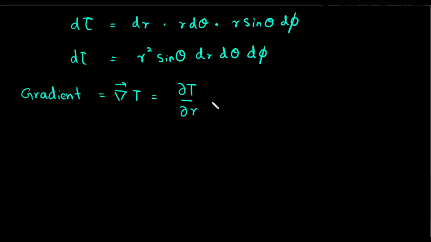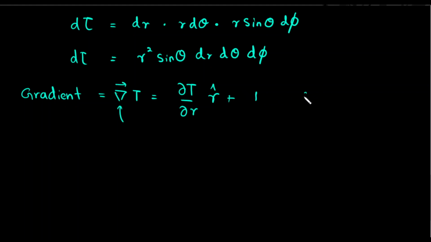This is going to be just a little bit complex. So ∂T/∂r in the r hat direction. Now you know that since this gradient is a vector, the del operator is a vector. When we have a Cartesian coordinate system, we used to have x hat, y hat and z hat unit vectors. But when it comes to spherical coordinates, your unit vectors are going to be r hat, theta hat and psi hat.